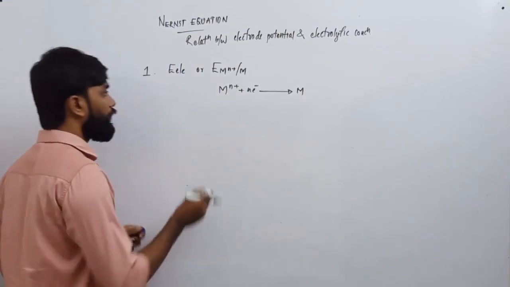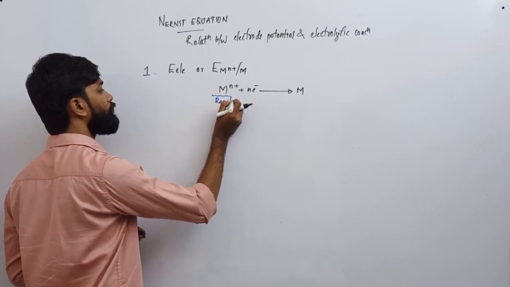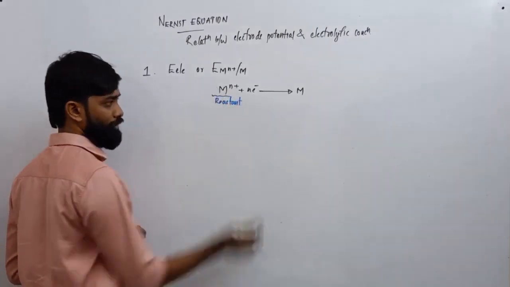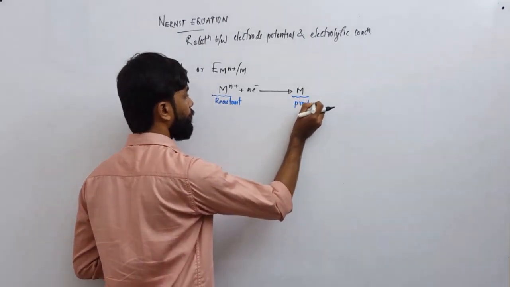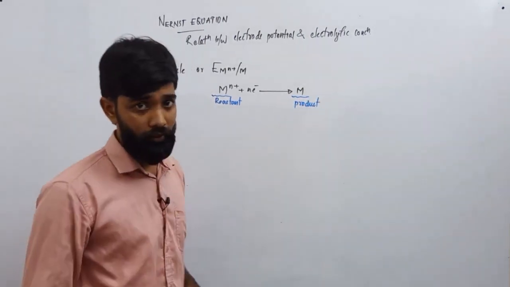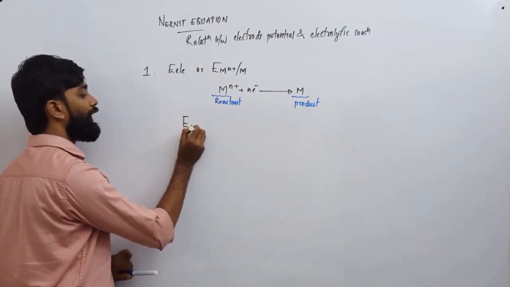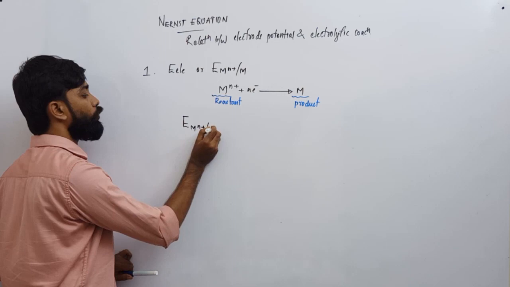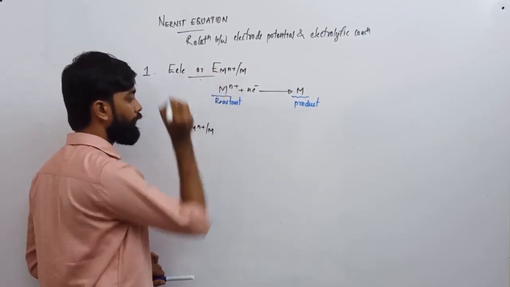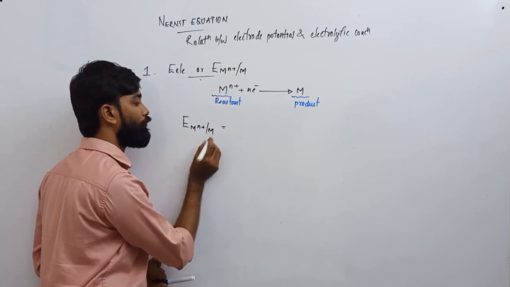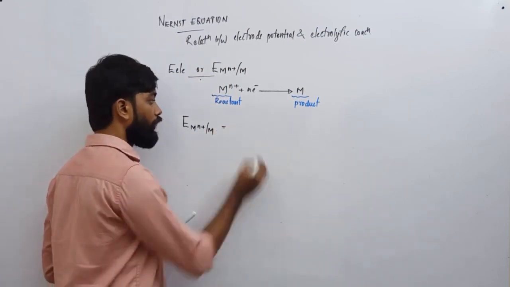And what is the reactant here? The reactant is Mn plus, and the product is M. M is a pure metal, right? Then the Nernst equation for the electrode potential of this reaction, the electrode potential will be Mn plus bar M, which means reduction potential or electrode potential.